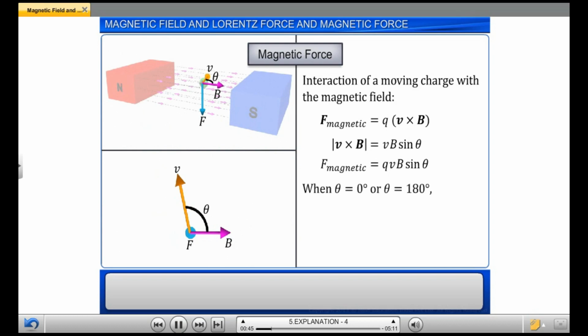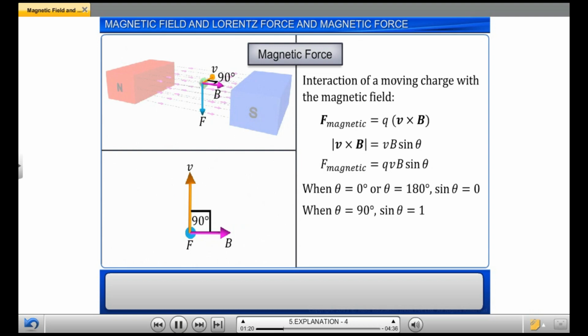When theta is 0 degrees or 180 degrees, that is, when charge Q moves parallel or anti-parallel, respectively, to the magnetic field, we have sin theta equal to 0. If the charge is moving perpendicular to the direction of the magnetic field, theta is equal to 90 degrees.